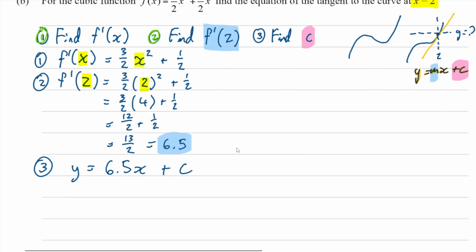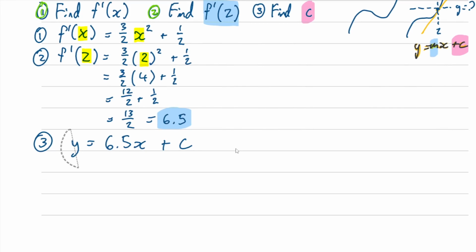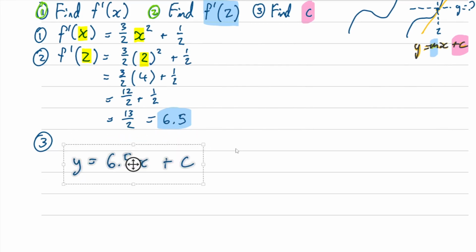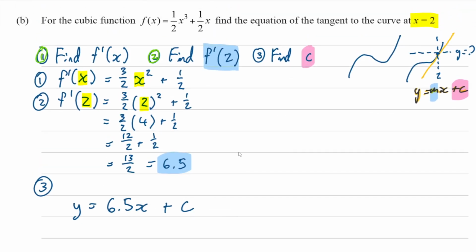So actually, before we can find c, we need to find the point on the tangent line.